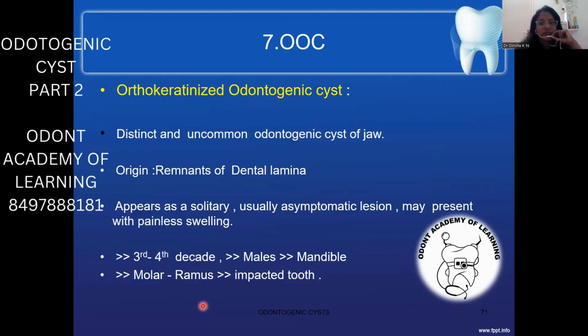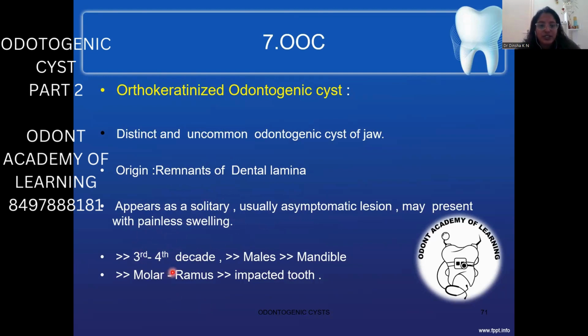Another lesion which is similar to this is known as an orthokeratinized odontogenic cyst, or OOC. This is a distinct and uncommon odontogenic cyst of the jaws arising from the remnants of dental lamina. It appears solitary, usually asymptomatic, with a swelling.